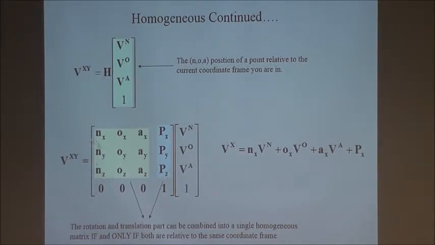For example, the first row, Vx, the x component of V, is going to have nx with Vn, ox with Vo, and ax with Va, plus Px. The first three are the rotational component, and Px is the translation. Combination of translation and rotation brings the x component of the end effector at the very end. Okay.